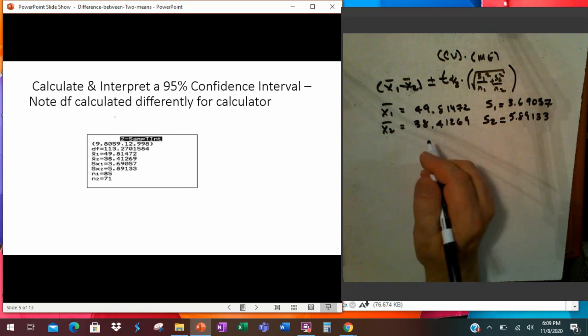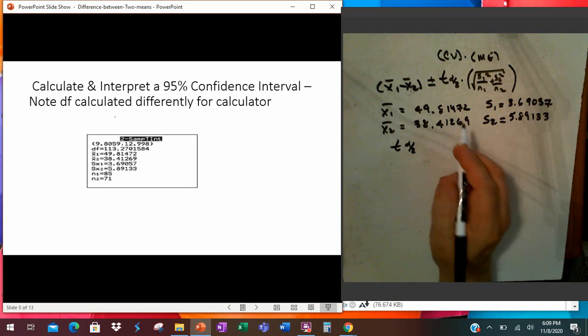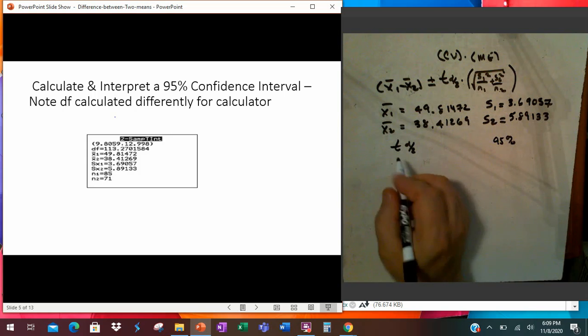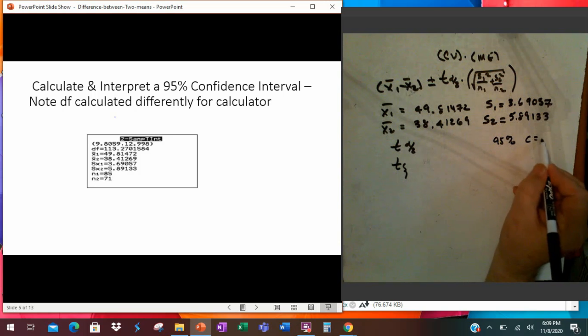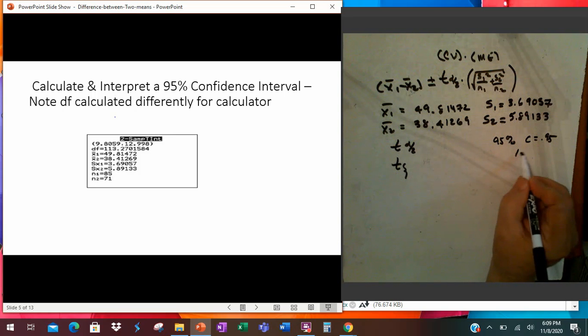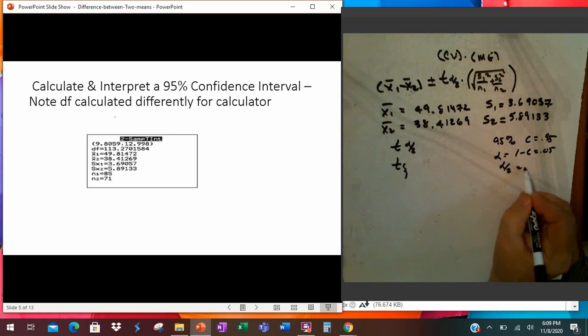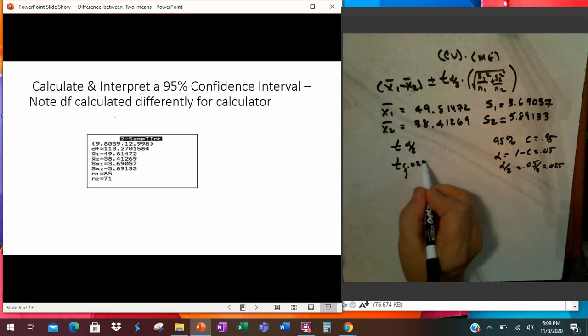So we need to do a t alpha over 2. And since this is a 95% confidence interval, the C is equal to 0.95, and 1 minus C is my alpha, which is 0.05. And then alpha over 2 is 0.05 over 2, which is 0.025.